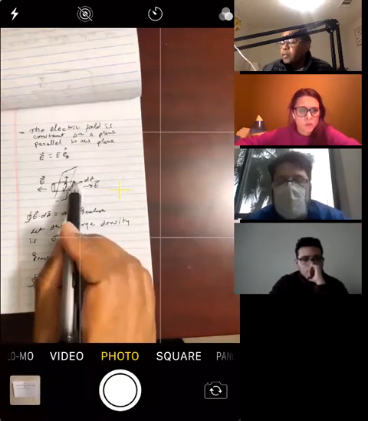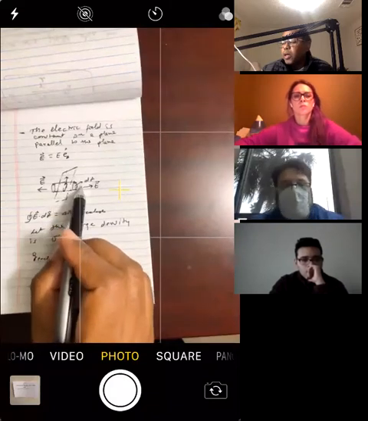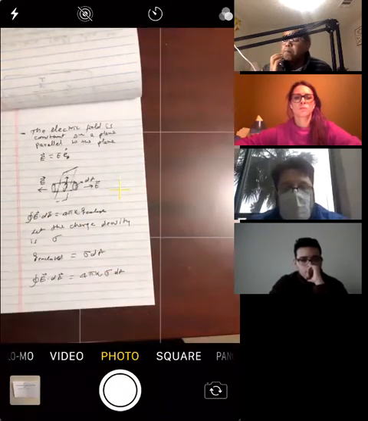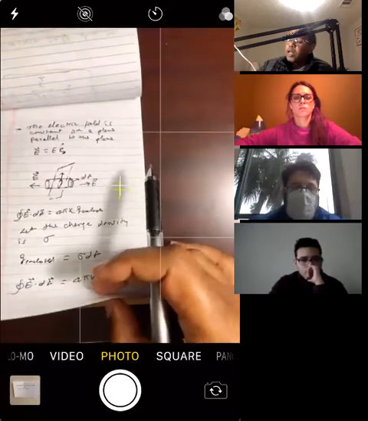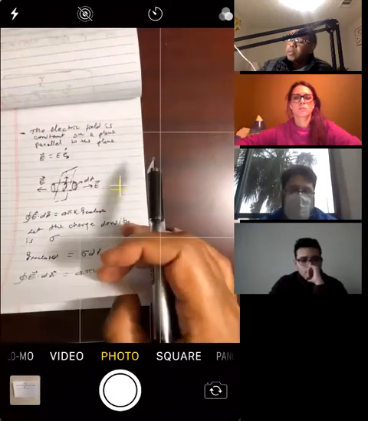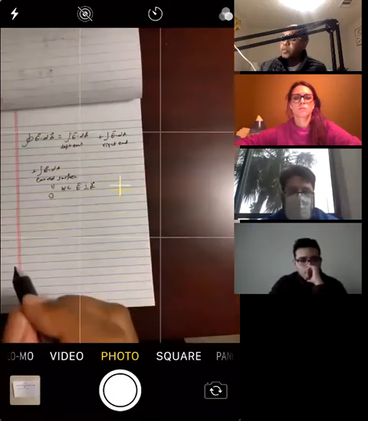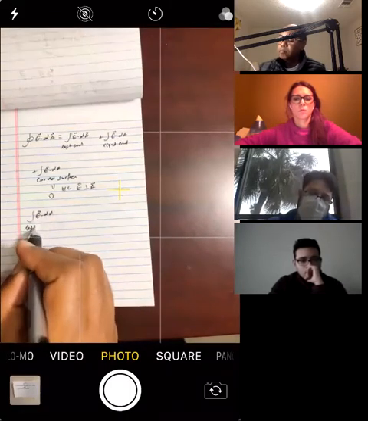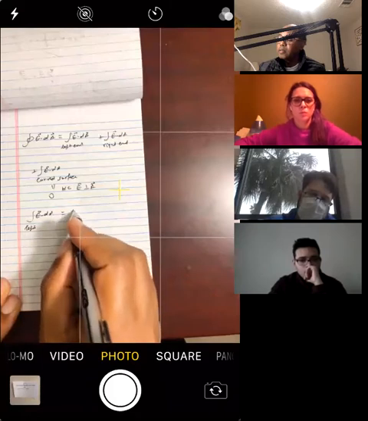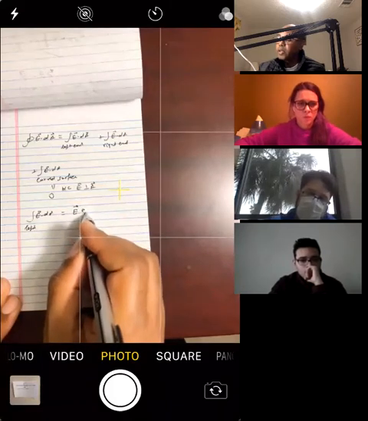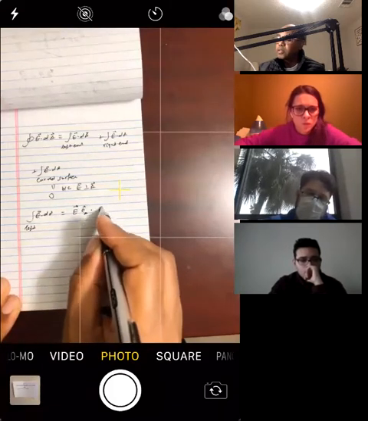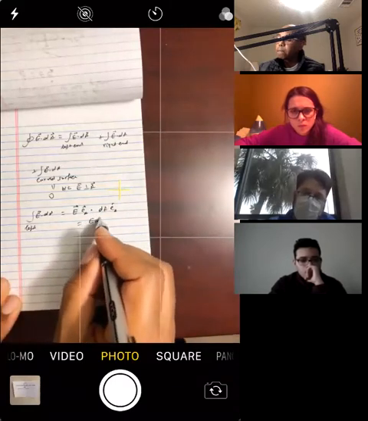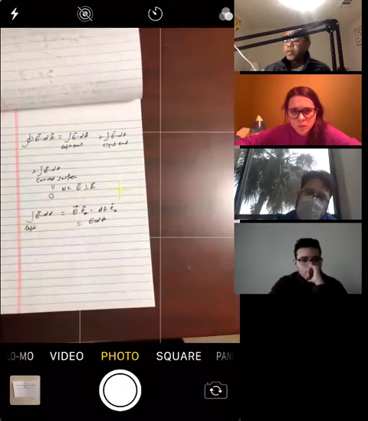The field is this way, and the direction of this area can also be parallel to it, because this end is parallel to the plane. So for E dot dA on the left end, both are in the same direction. They're parallel, so you just get E dA, and E is a constant.